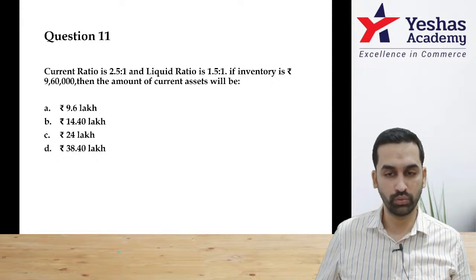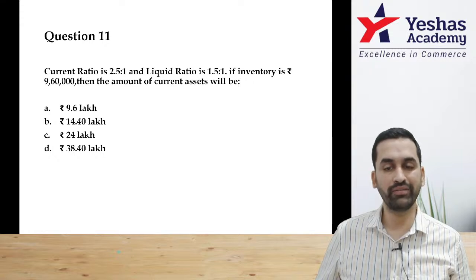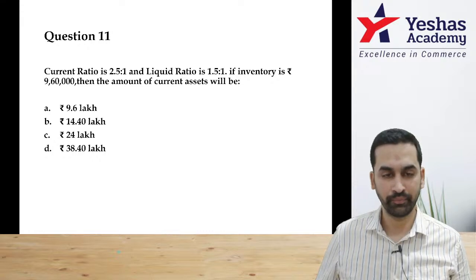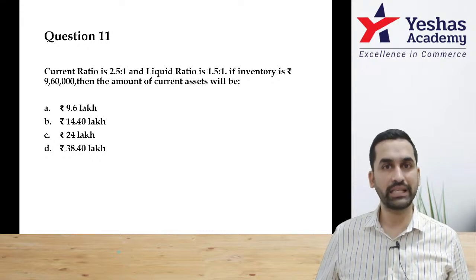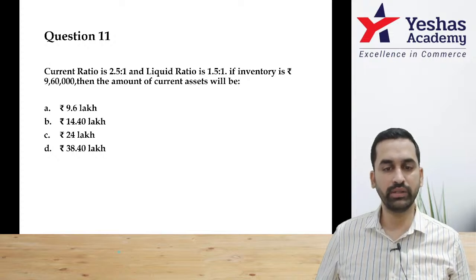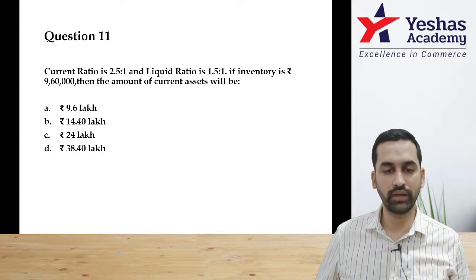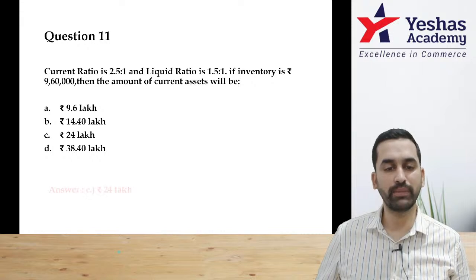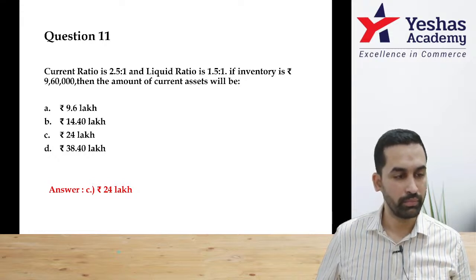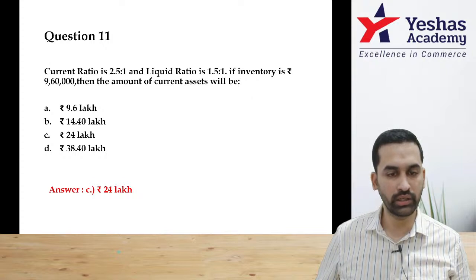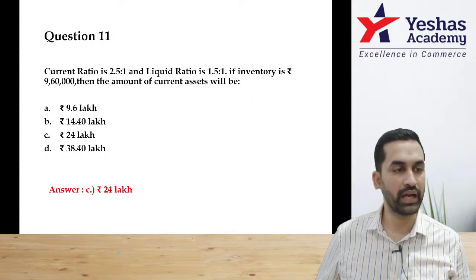Liquid ratio is with you. So left hand side can be 1.5 is equal to CA minus 9,60,000 by CL. Sir, CA, CL, I don't know. 2.5 is to 1. So CL can be X. So my equation will be something like this: 1.5 is equal to 2.5x minus 9,60,000 divided by X. Many are saying question 11 option C, 24 lakh, is the final answer.